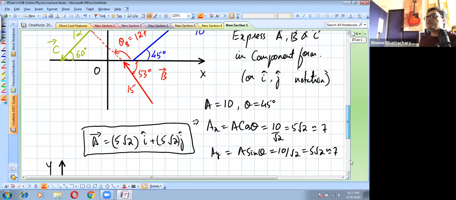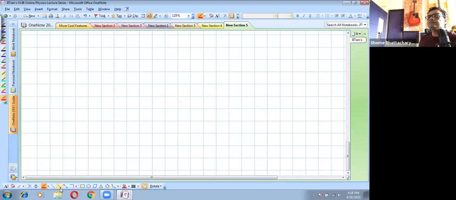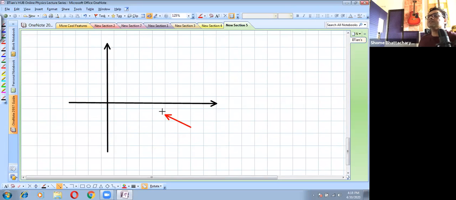So let me re-illustrate this point over here with a new diagram. Okay, so this particular vector that was given to you is here like this, where this angle is 53, and this was the vector B. Now what we want to do next is redraw this vector from the origin so that we understand the angle more carefully.